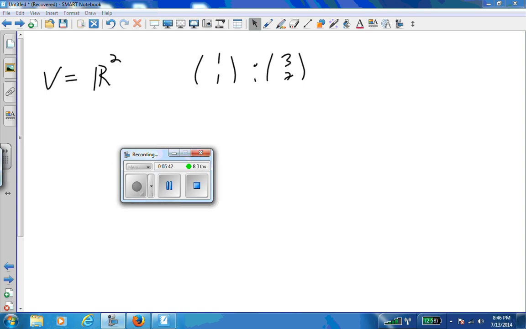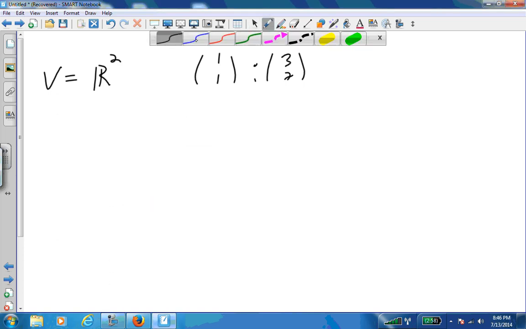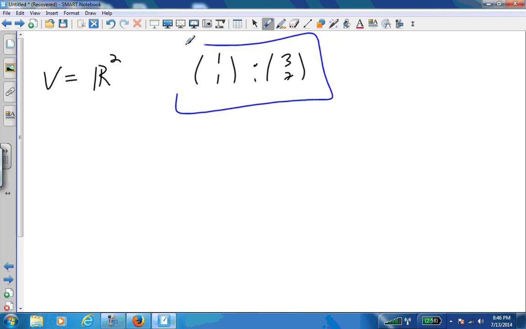Now that we've defined what span is, let's look at an example and try to see whether or not the two given vectors span V. So we're going to say that V is R2, and let's see if these two vectors span R2.